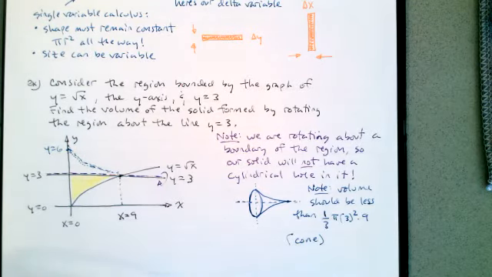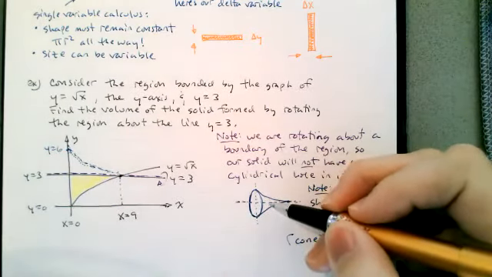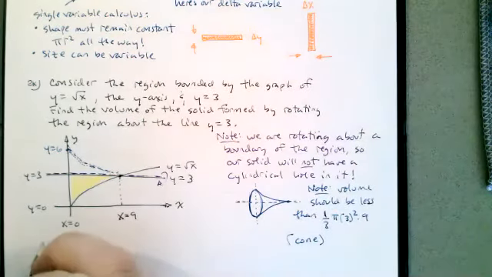So let's imagine how we're going to slice this up. We're going to slice this up in a dx way, so we're going to slice it vertically. If we take vertical slices, the vertical slices will be circles.